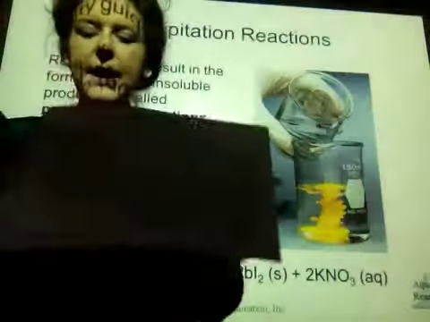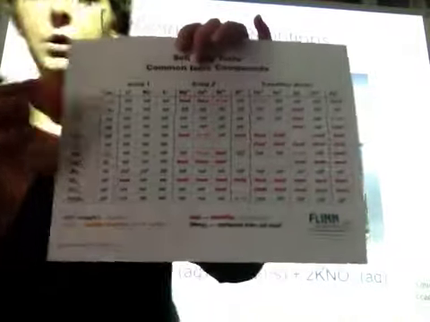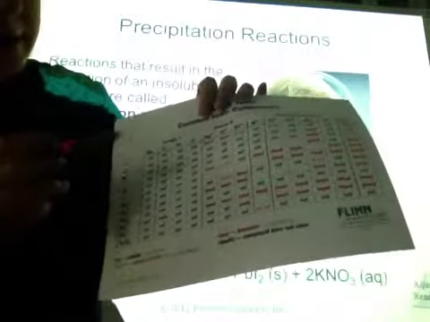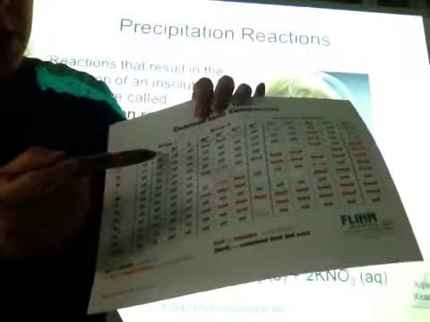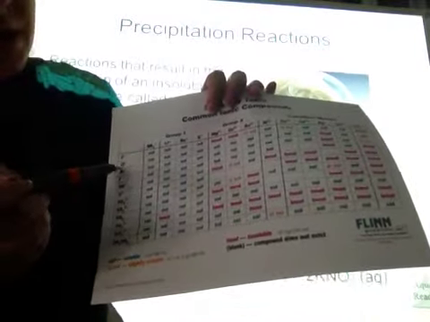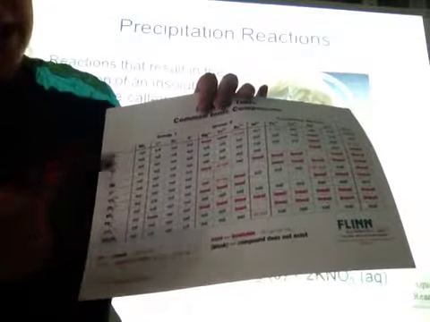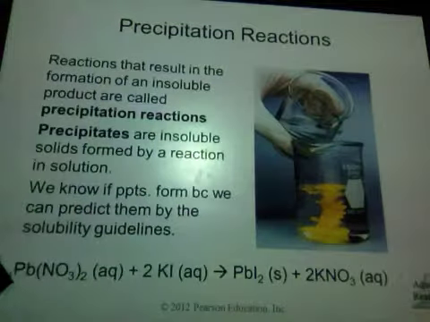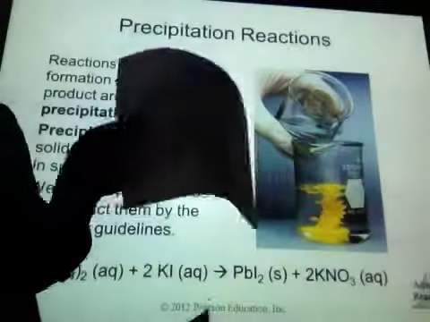And the solubility table, let's say that I have compound lithium chloride. I find lithium, I find chloride, I go over, it tells me that it is SOL, it tells me it is soluble. So if it's green, I have a key down here at the bottom.